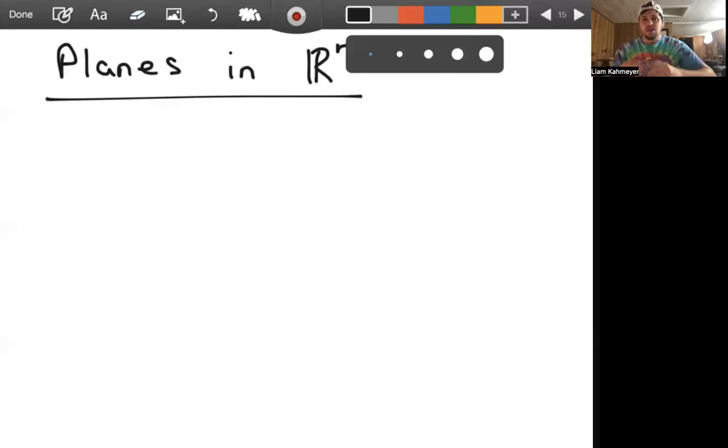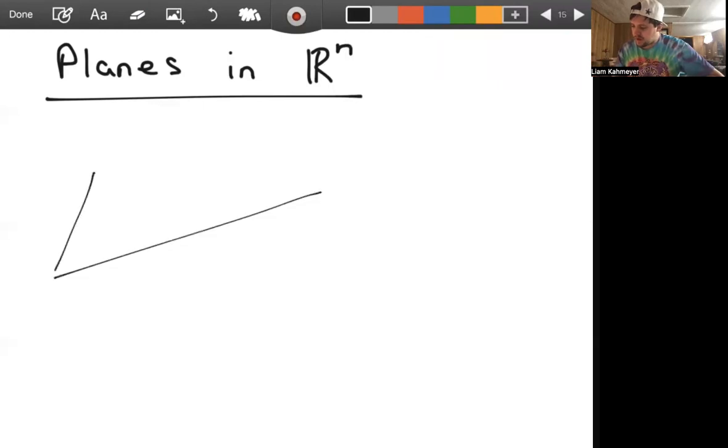And let's kind of reinvent the wheel here. I could just tell you, here's the equation for a plane in Rn, and you could use it to find an equation for a plane, or to find the shortest distance between a point and a plane. But let's reinvent the wheel here and understand why these equations are what they are, if you will. So let's start with a plane.